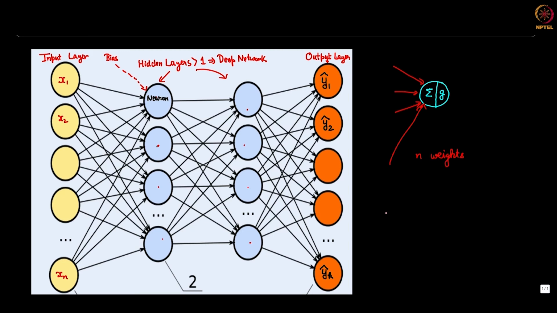From the input layer. So let's take a general neuron or a general set of neurons in some hidden layer. Let's say this is layer L. For example, this one would be layer 1, this one would be layer 2, hidden layer 1, hidden layer 2. Let's say we have layer L where all these neurons are there, and you have a prior layer.